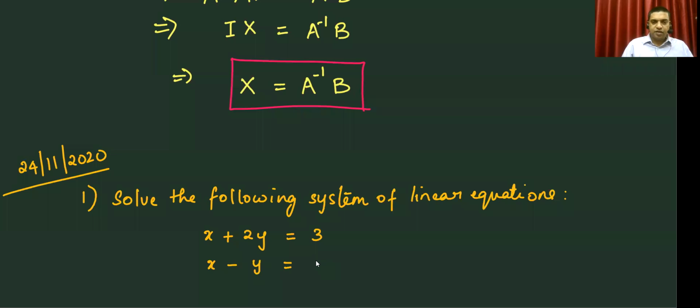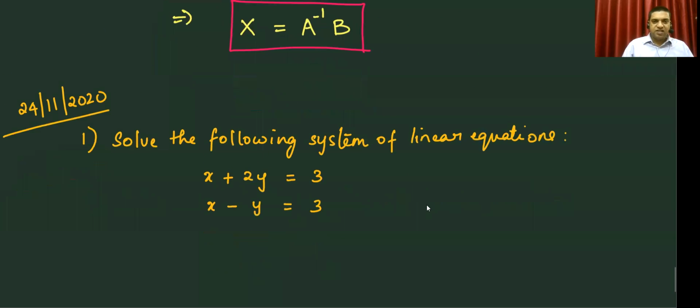A straightforward solution. Just looking at the equations, you can say that (3, 0) is the solution because (3, 0) satisfies both the equations. So by the matrix method, how do we get it? We will do both by Cramer's rule and the matrix inversion method.